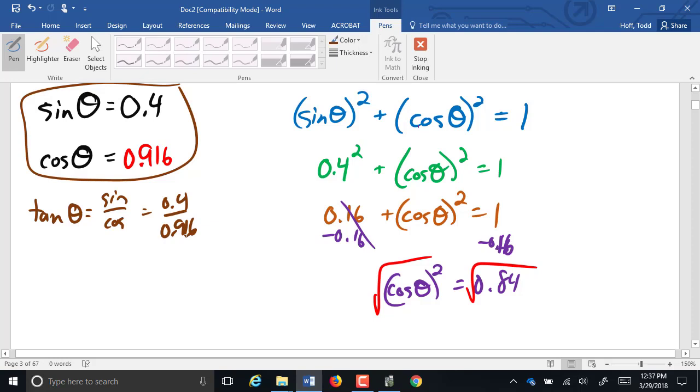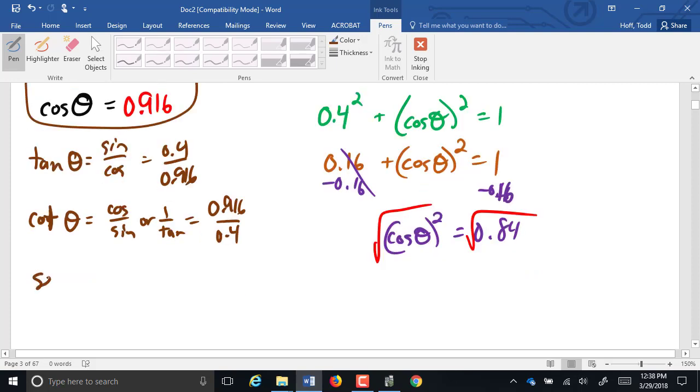I can trust you guys know how to divide it out. How about cotangent? Cosine over sine, or it could be the reciprocal of tangent. Either way, it's 0.916 over 0.4.